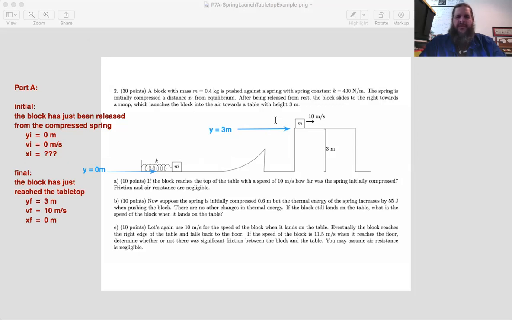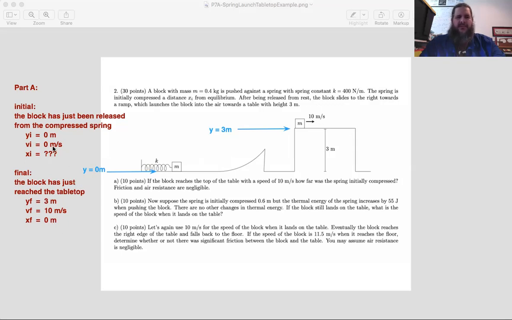So during this period of time, what types of energy are changing? We've got a change in height, a change in speed, and a change in spring displacement.